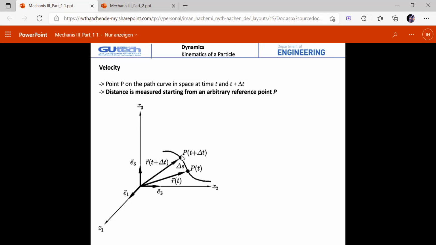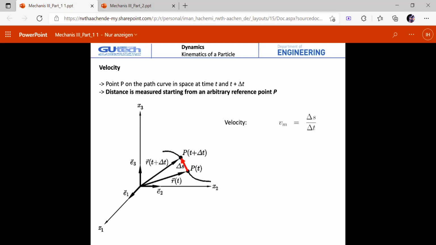That means the particle covers a certain distance, delta s. We have the position vector r with respect to the origin, which is time dependent, and the actual position at time t plus delta t, r plus delta r.